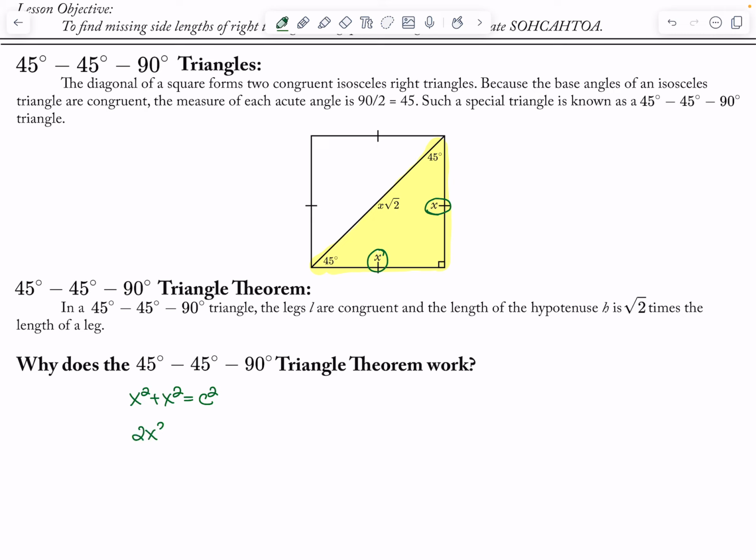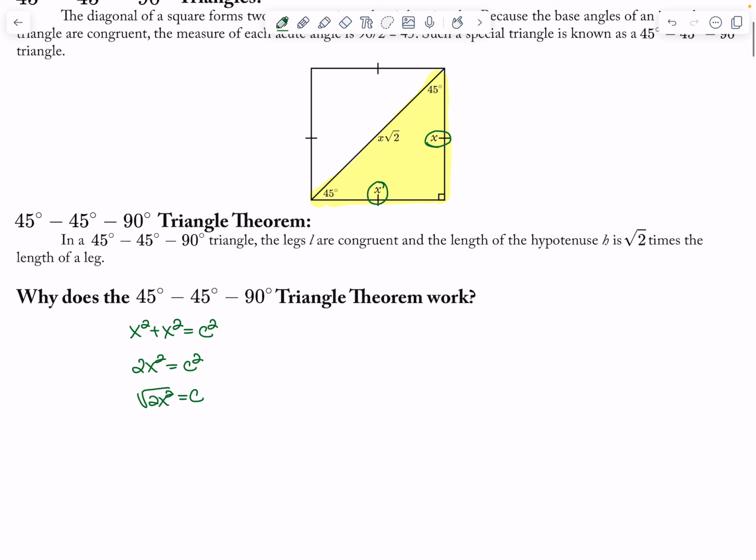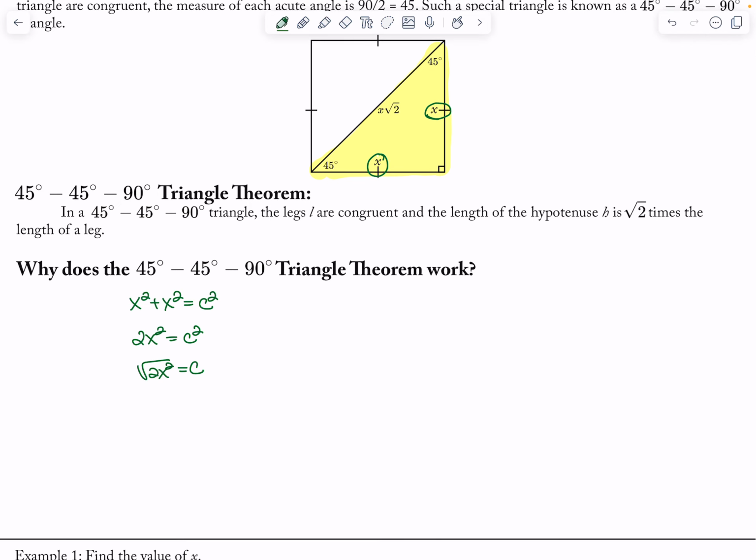So then 2x squared is equal to c squared. And so I get the square root of 2x squared is equal to c. And then you get x root 2 is c. And so that is where this x root 2 comes from. So that's why the 45, 45, 90 triangle theorem works: it's because of the Pythagorean theorem.